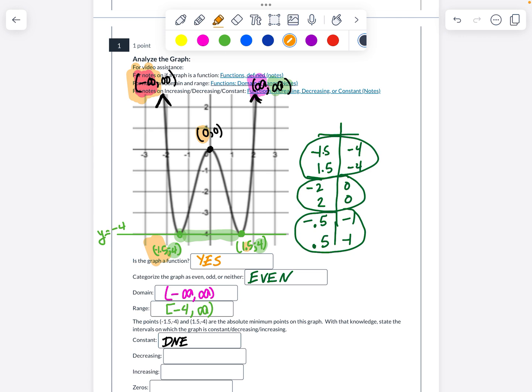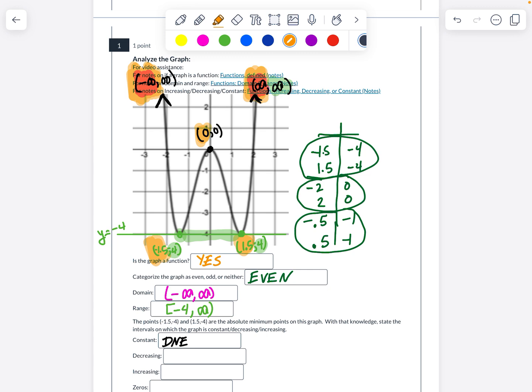So every place where it changes direction, and we only look at the x values. So we look at the end of the graph, all the places it changes direction, and the other end of the graph. So the things that I've highlighted there in that orange color. All right, decreasing is when it goes down.